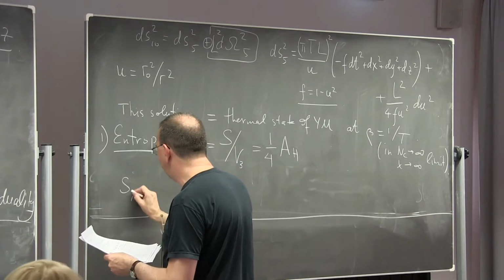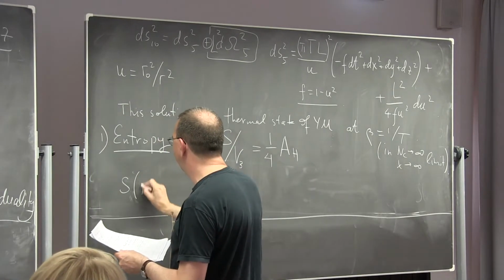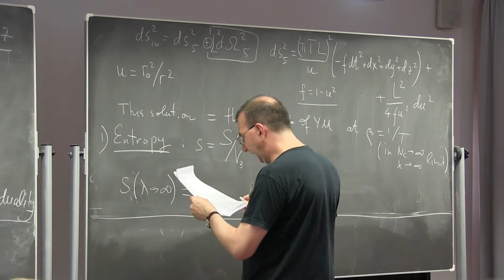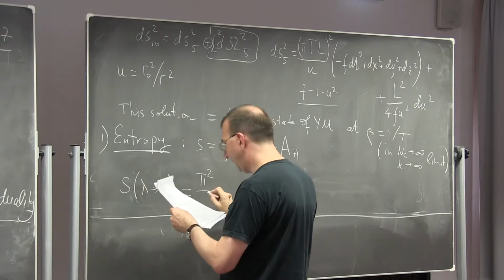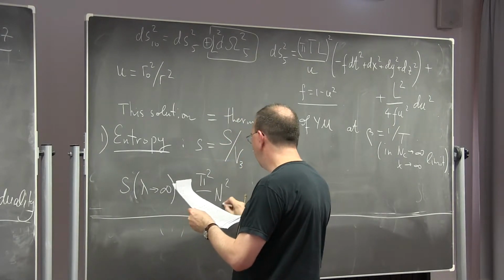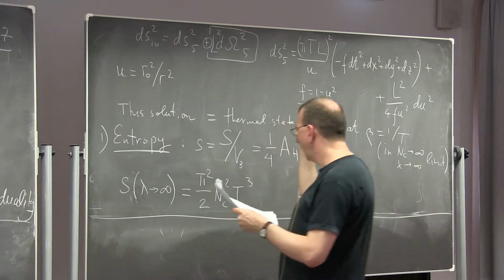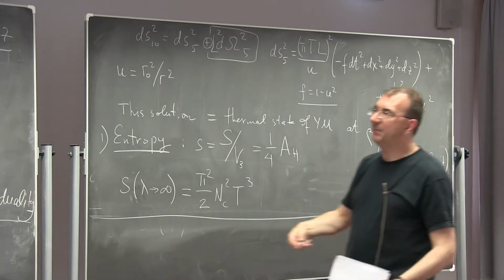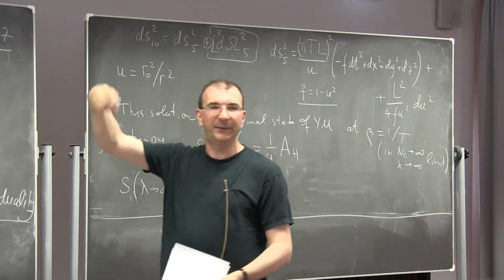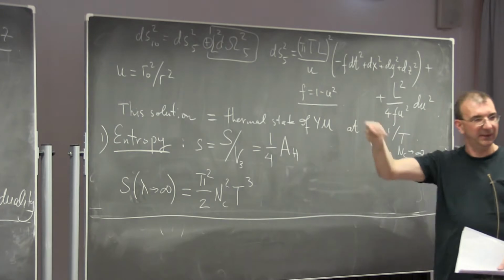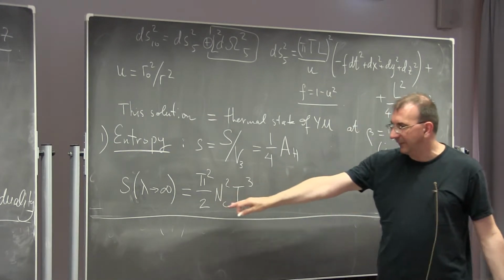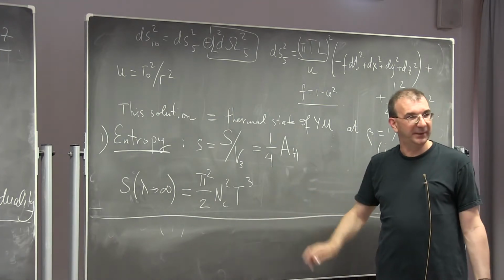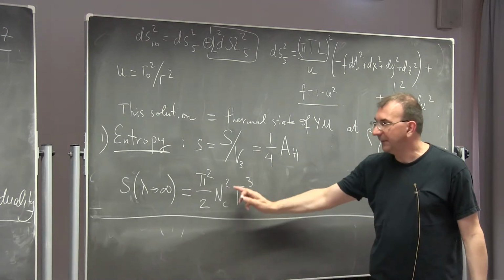This is S at lambda going to infinity, and the result of this calculation is the following: π²/2 N_c² T³. Here I used the relationship between parameters like N_c, lambda, and so on on the two sides to replace the appropriate coupling. So now it looks like the entropy in a gauge theory, right? It must be T cubed, by dimensional analysis. But the interesting thing is this coefficient.